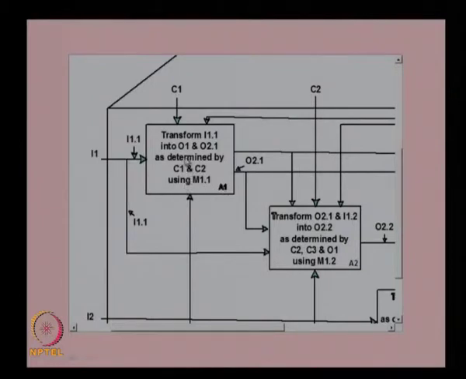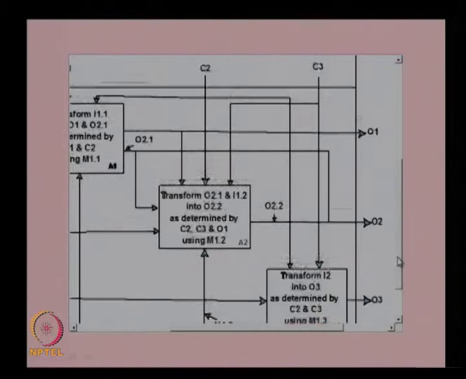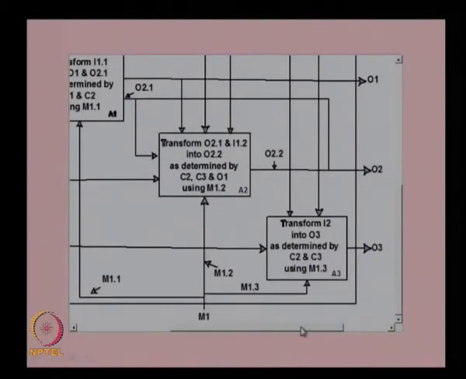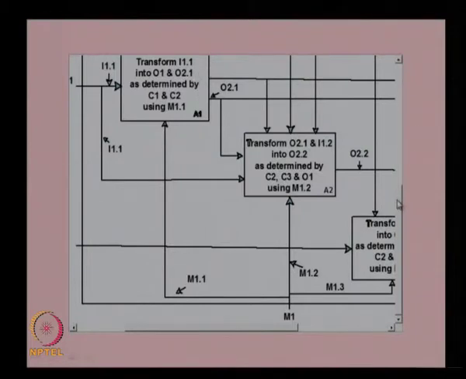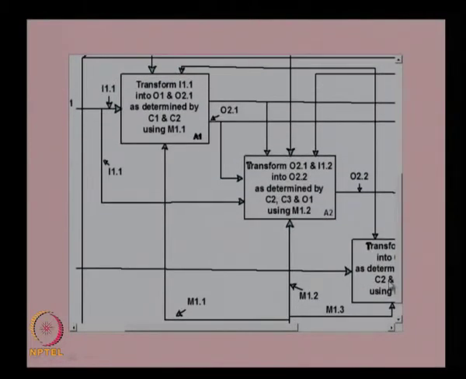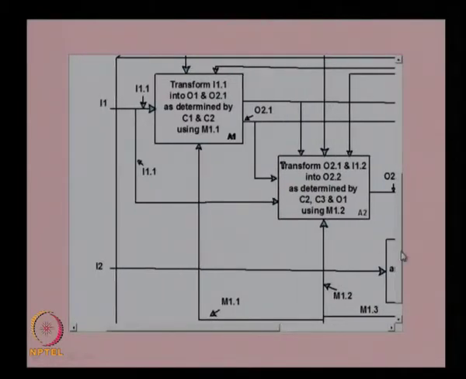This is the A1 function, this is the A2 function, and this is the A3 function. So the main A0 function is decomposed into 3 functions, A1, A2 and A3, and all the inputs and the controls are shown separately for this one.